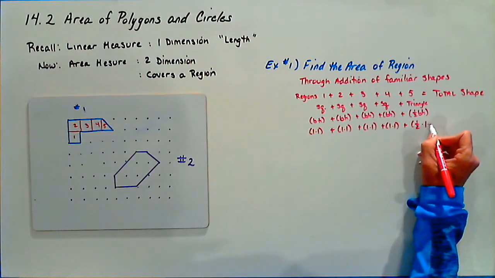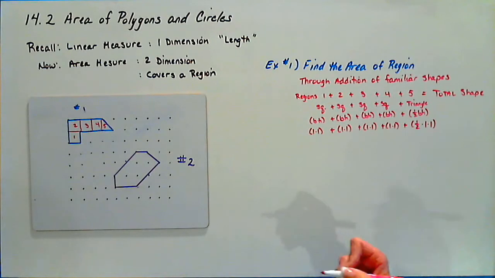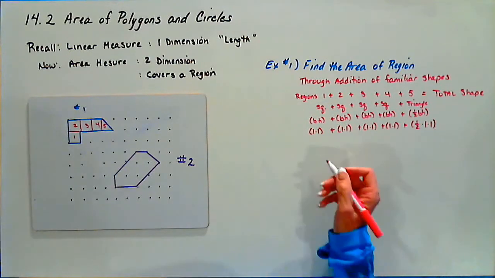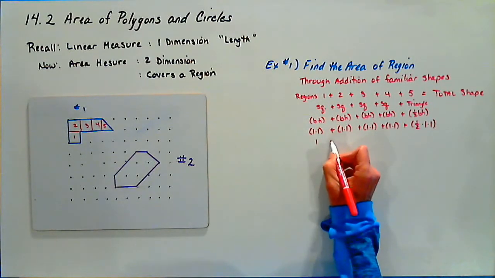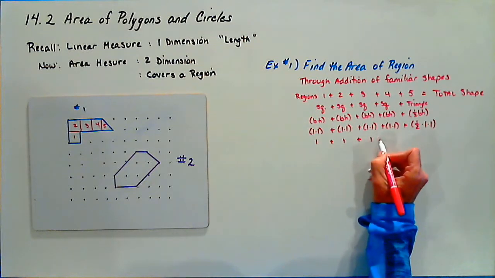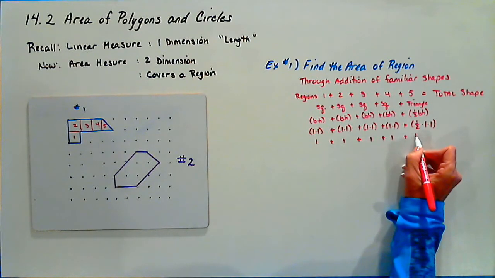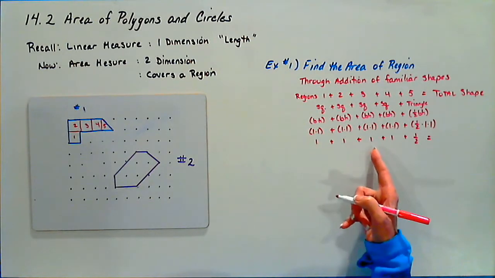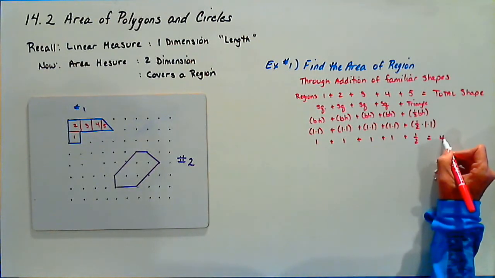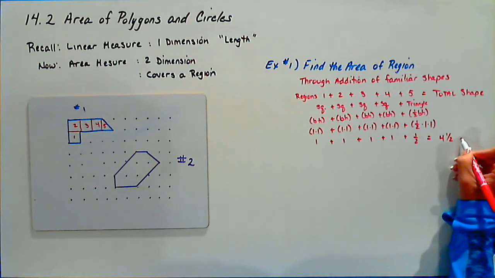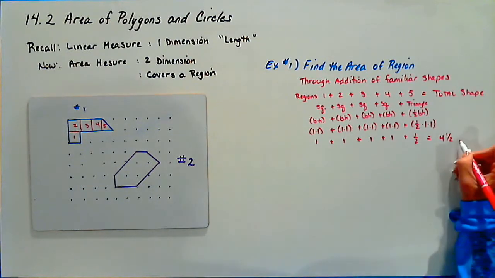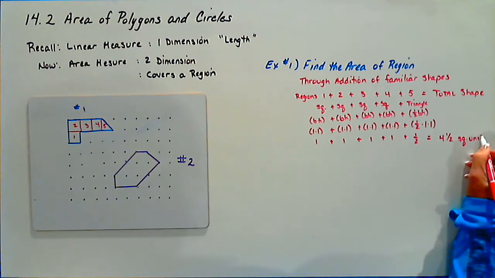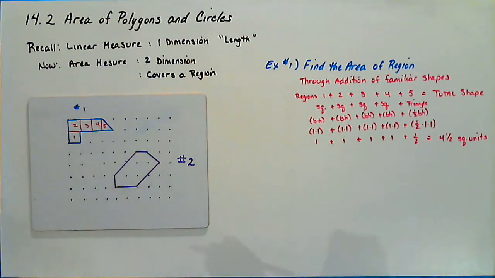So I would have half base times height. As the shapes get more complicated, these numbers will change. But by breaking this down into regions they can see and adding them all together, 1, 2, 3, 4 plus a half, we get 4.5 square units, or units squared.